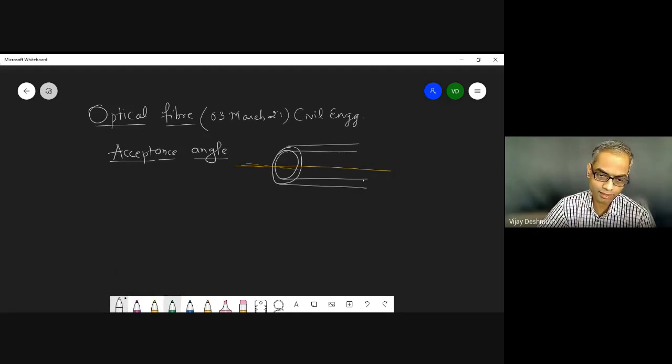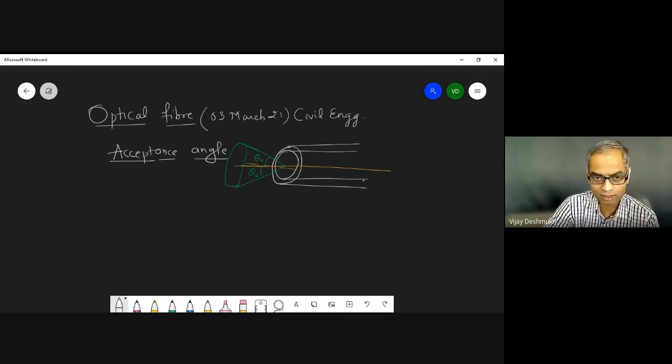Whatever light is incident in a particular region, this way and this way, only this angle, this is theta A, this is also theta A. So theta A is on both sides, upper side and lower side, and to the left and to the right, and that forms a cone, called the acceptance cone, whereas this angle is called the acceptance angle.